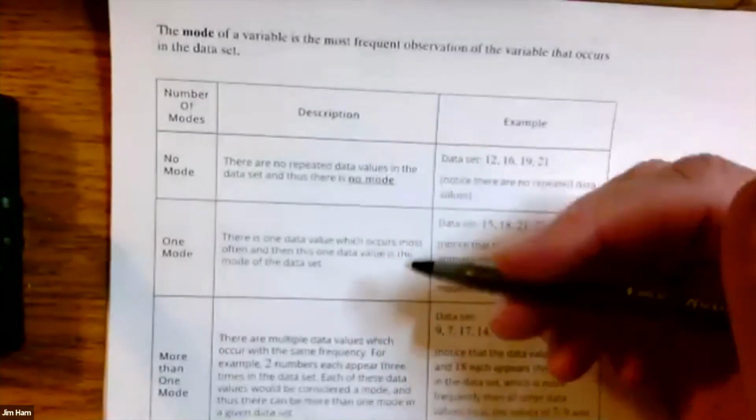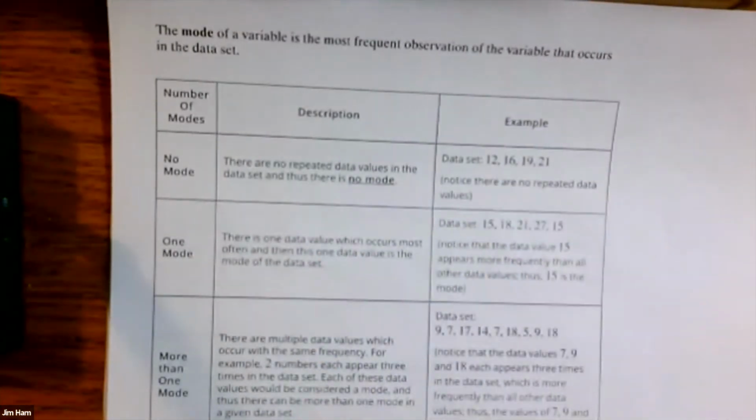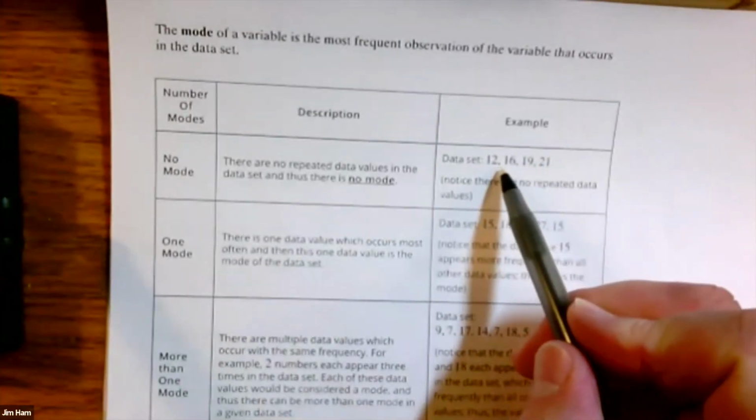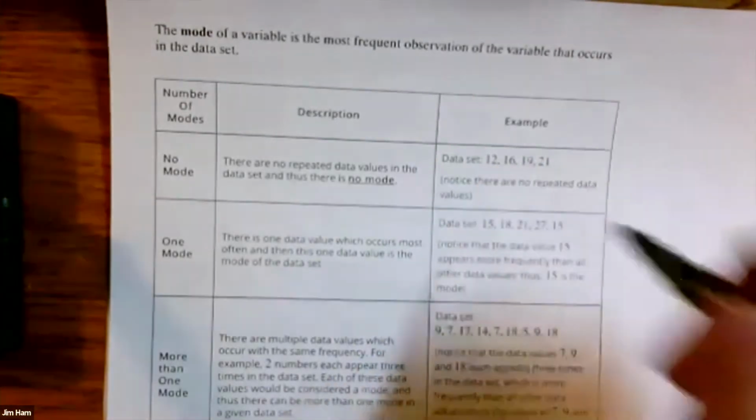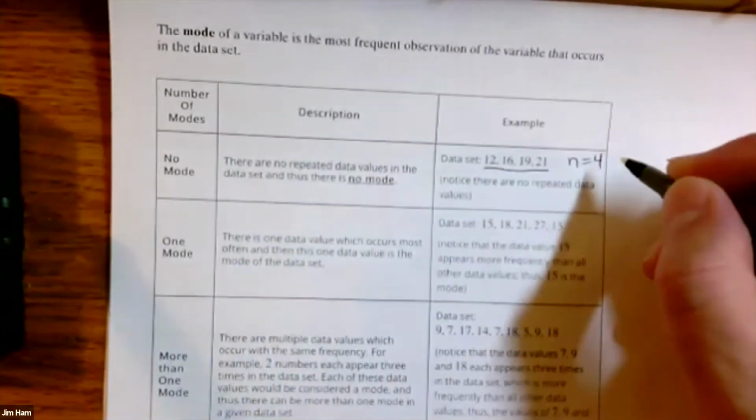All right, there are some notes here about mode, and I'm not going to say a whole lot about it, but your authors do a pretty good job of summarizing it. The mode is the most frequently occurring data value, the most popular data value, the data value that occurs most often. And so here are a couple of examples. If you have a data set that looks like this, there are just 4 data values here, n would be 4.